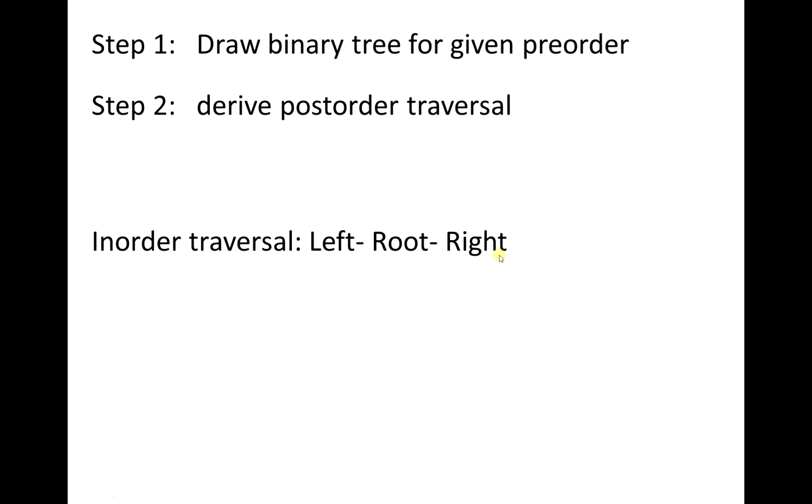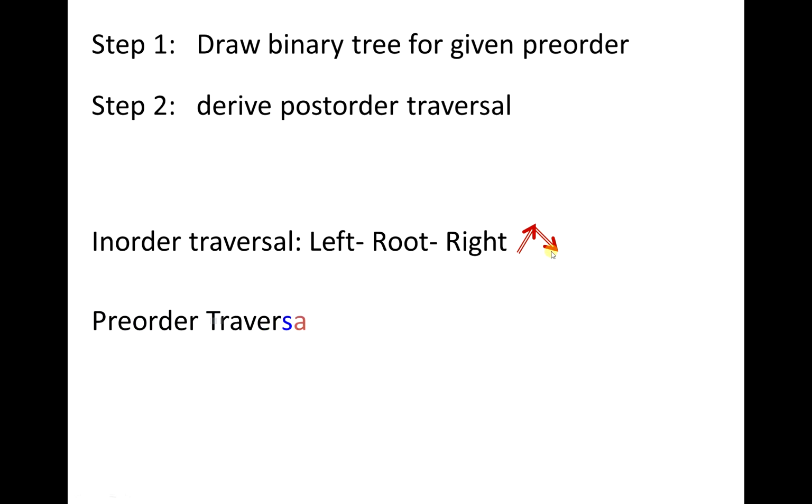The traversal begins from the left subtree, then to the root, and then to the right subtree. Just imagine this diagram. It will be easy to memorize, right? So in-order traversal is visiting the binary search tree from the left subtree to the root and then to the right subtree.